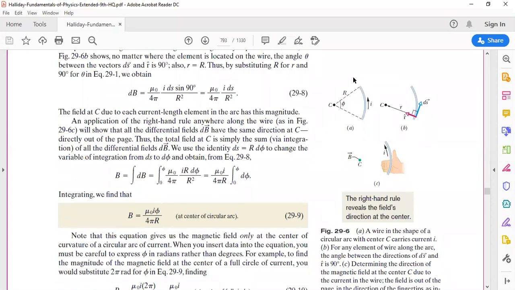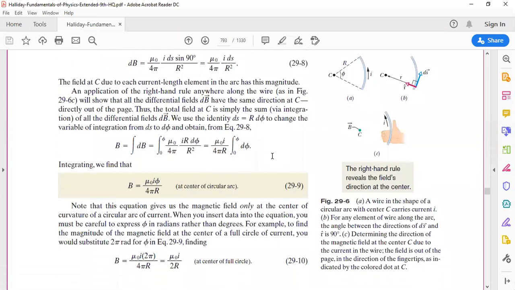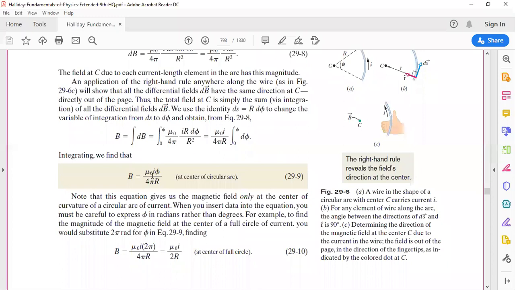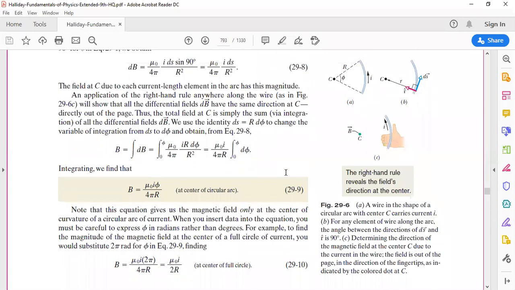If you increase the length of this arc, the angle subtended by this segment at the center will increase. So here we will derive the general equation from 0 to phi, and after simplification we get the equation for the magnetic field due to an arc of the wire at its center.